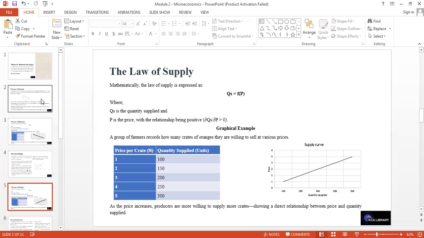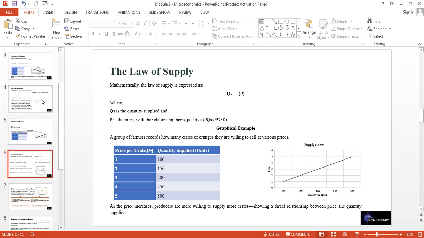At 1 naira, the quantity supplied is 100, and for 2 naira, it's 150. For 3 naira, it is 200. For 4 naira, it is 250, and for 5 naira, it is 300. And you see that as the price increases, producers are more willing to supply more crates, showing a direct relationship between price and quantity supplied.